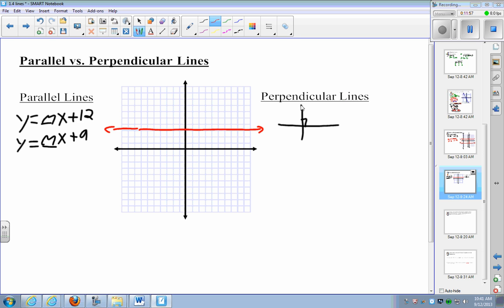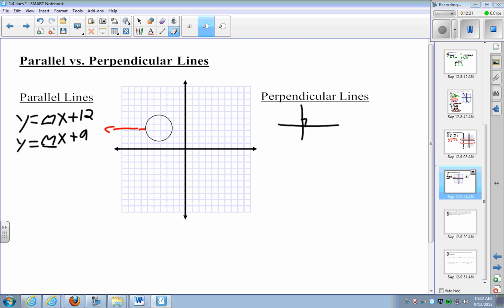A perpendicular line to that is going to be a vertical line, because a vertical line is going to have a 90-degree angle. Well, what's an example of two lines that aren't vertical or horizontal that are perpendicular to each other?